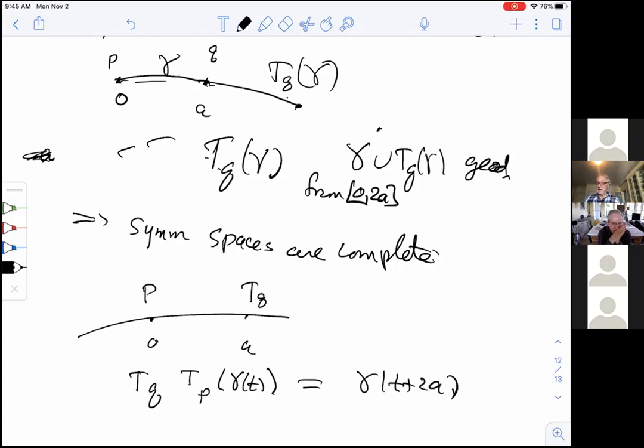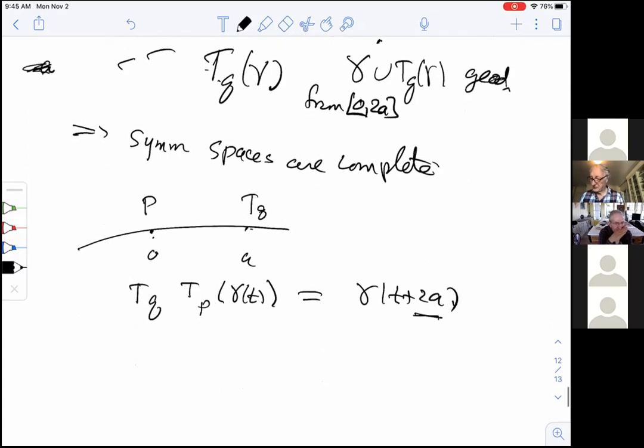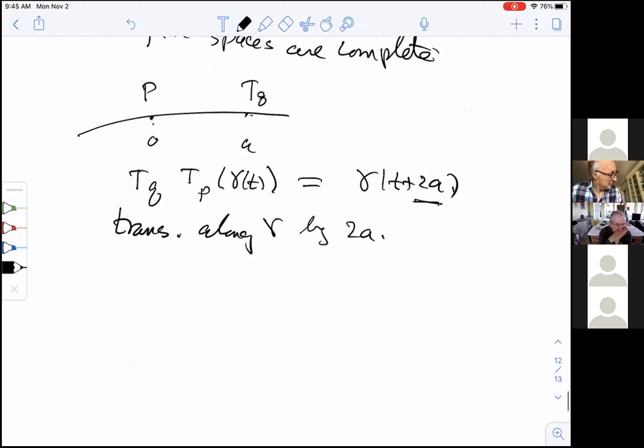So if you have a geodesic gamma and you flip around Q and then you flip around P, that corresponds to translating along the geodesic by twice the distance from P to Q. So this is just a translation along the geodesic by 2a, assuming these are parameterized by arc length. Okay? So that's my brief introduction to symmetric spaces.